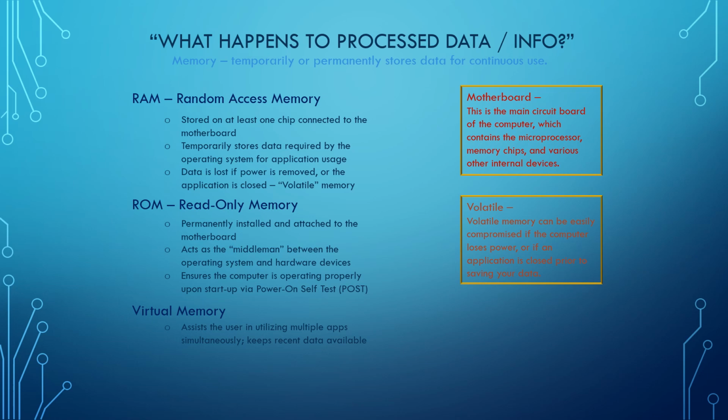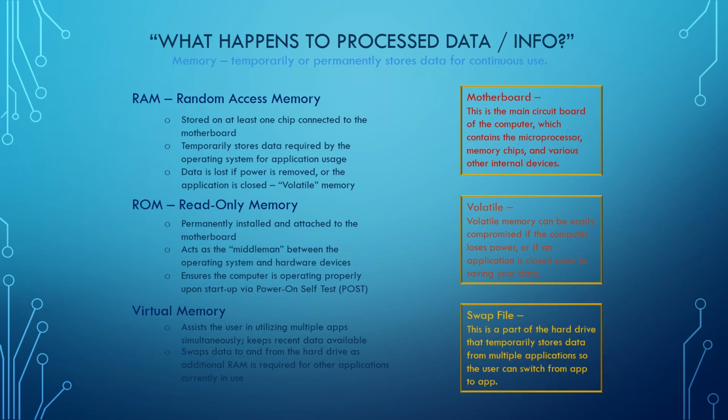Now, have you ever noticed that when you have too many different programs open at once, this affects your computer's performance? That's because of the additional RAM that is required to retain all that different information on all of those different pages.